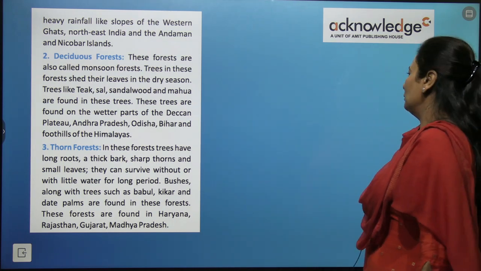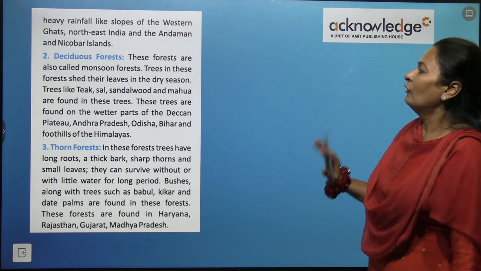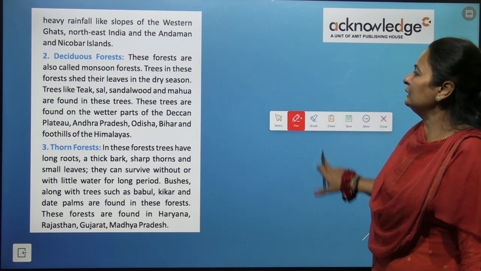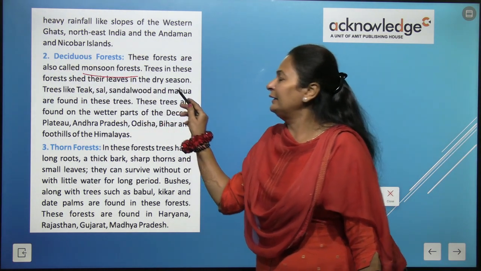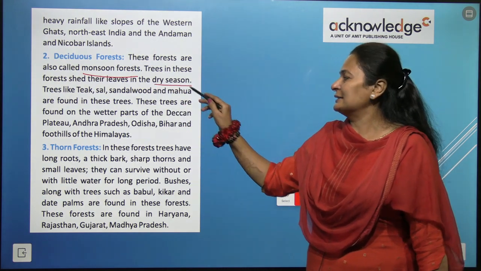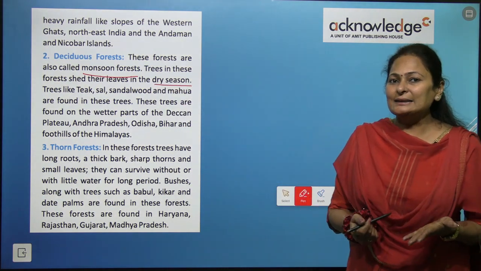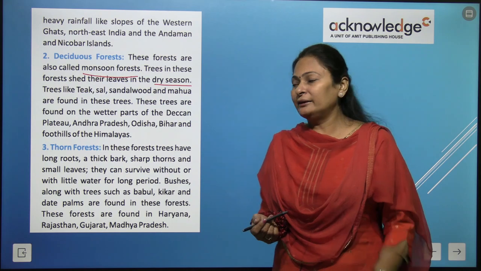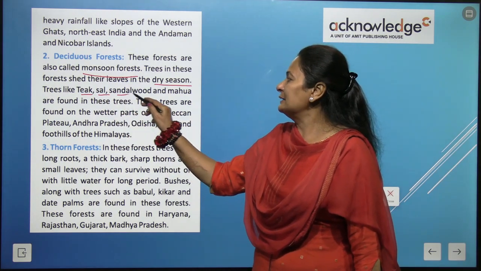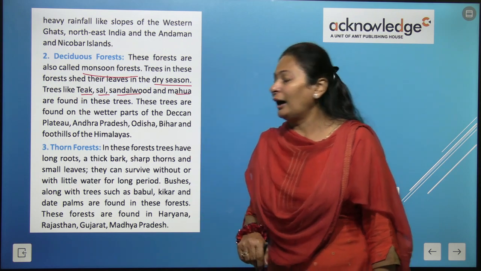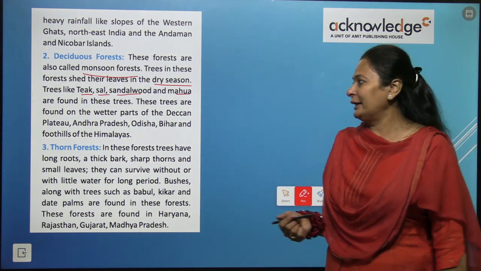These are also called monsoon forests. Trees in these forests shed their leaves in the dry season. Yes, right? In the dry season, trees shed their leaves. Examples: teak, sal, sandalwood and mahua are found in these areas.